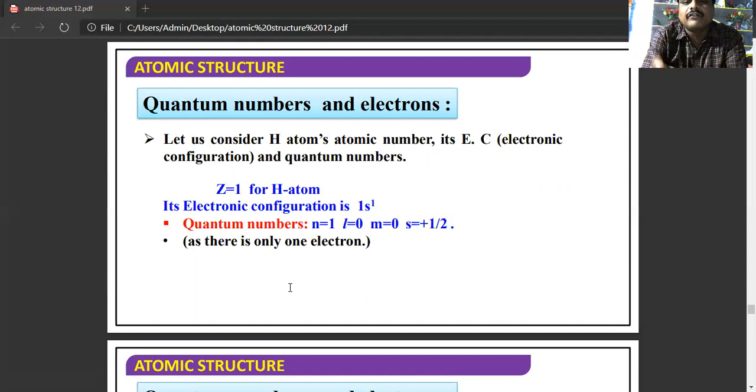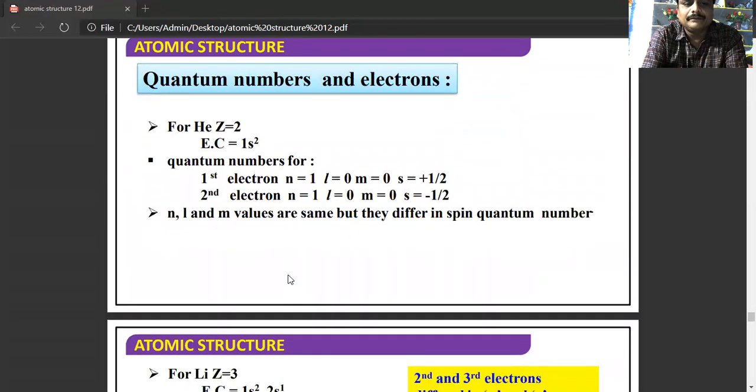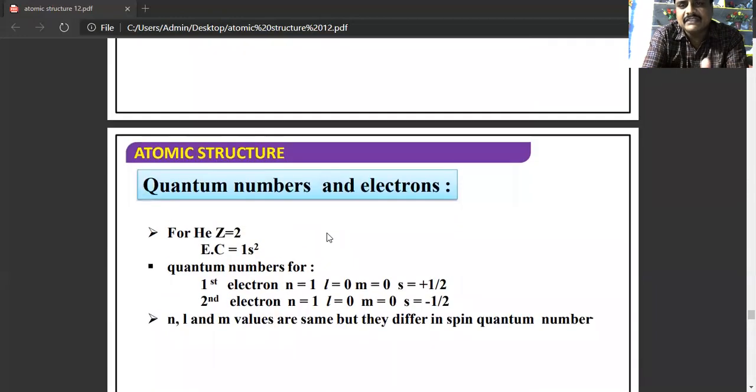The first electron will always have plus half, the clockwise direction. For helium, the atomic number is 2. The first electron has n equal to 1, l equal to 0, m equal to 0, s equal to plus half. The second electron has the same n equal to 1, l equal to 0, m equal to 0, but s is equal to minus half.